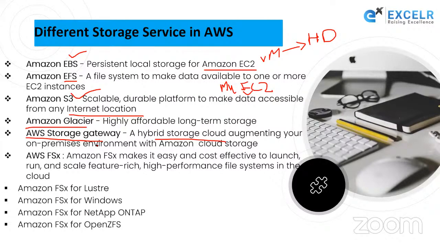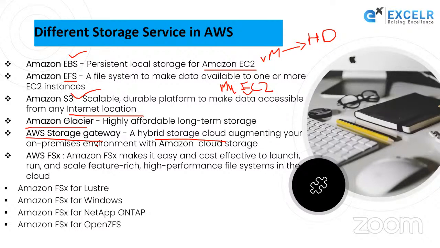The use of this file system is to do parallel processing of your data, and when you do parallel processing or access, you get very high throughput. This is needed when you are doing analytics work, machine learning, or some very heavy computation on the storage. Then you need to go for FSx for Lustre, which is only compatible with the Linux operating system.